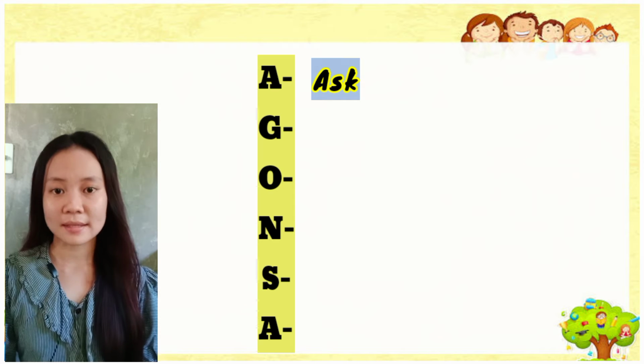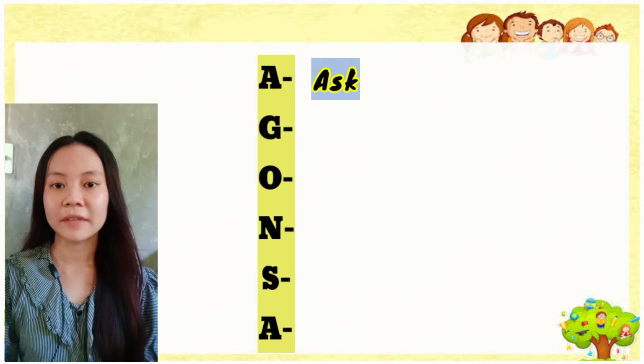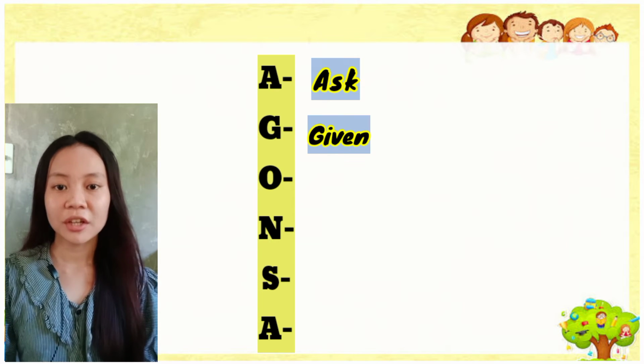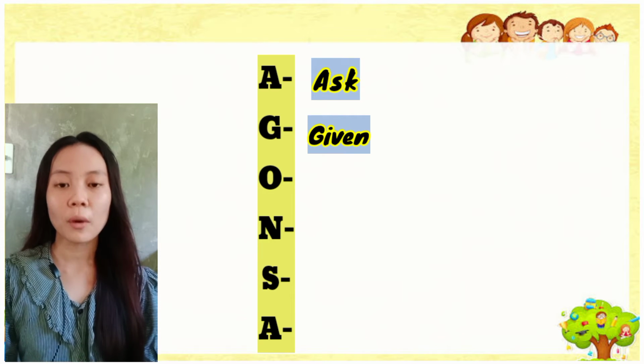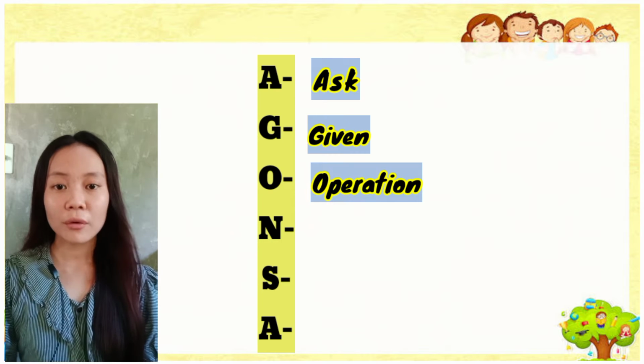What is asked in the problem? Then next is G. G stands for given. What is the given in the problem? And the next is O. O stands for operation. What is the mathematical operation being used in the problem?